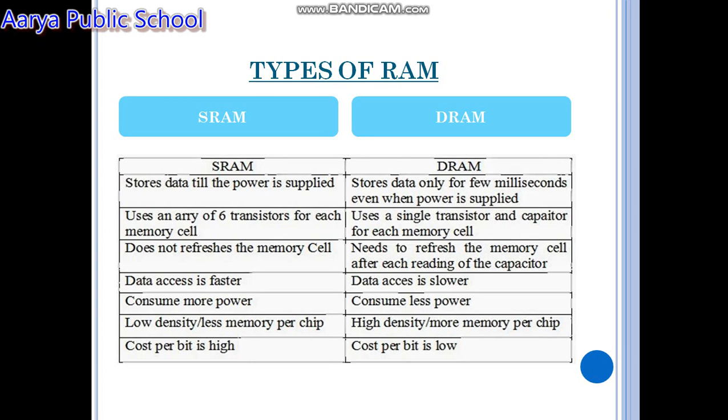Second, SRAM uses an array of 6 transistors for each memory cell, a cell being the combination of row and column. DRAM uses a single transistor and capacitor for each memory cell.